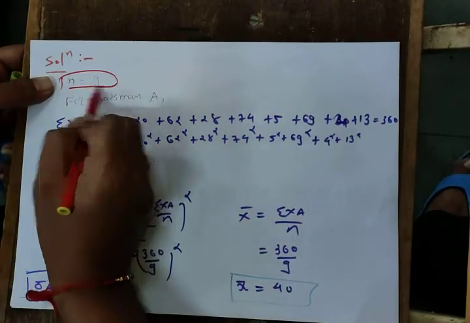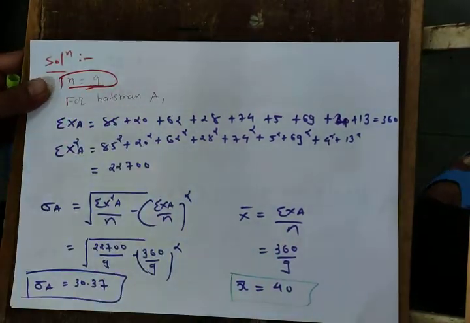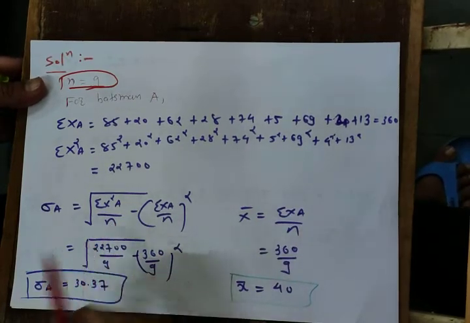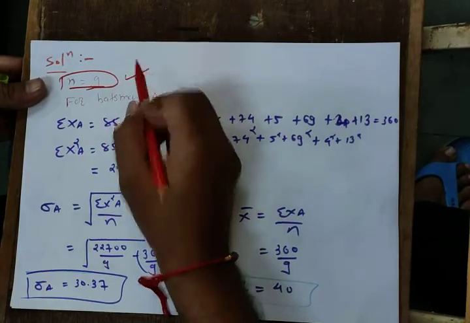Let's see what n is. N means number of elements. There are 9 elements, because it is already given: in 9 consecutive matches, so n equals 9.